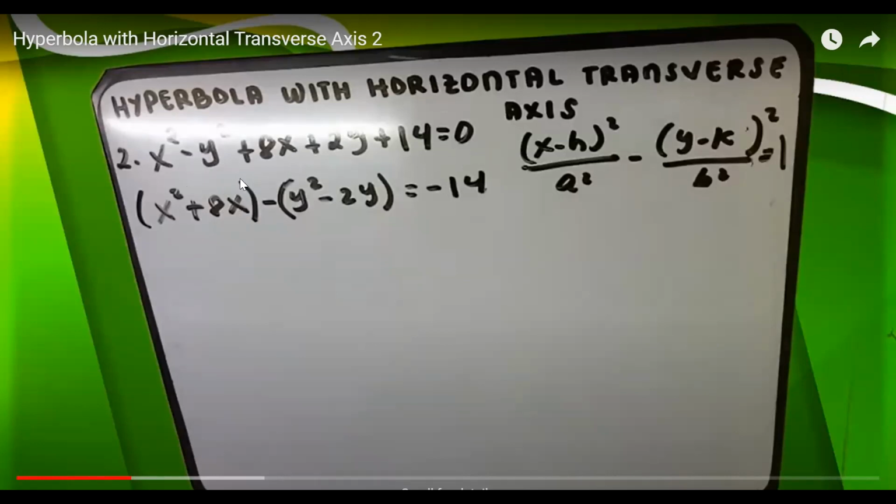But for the y terms, since that is minus y squared, so that is negative y squared and positive 2y. So ang ginawa ko is inilabas ko si minus, kasi dito sa standard form, kung makikita nyo, we use minus or subtraction. Tama? So kailangan, ang maging operation natin for both groups should be subtraction. Kaya inilabas ko na si minus.